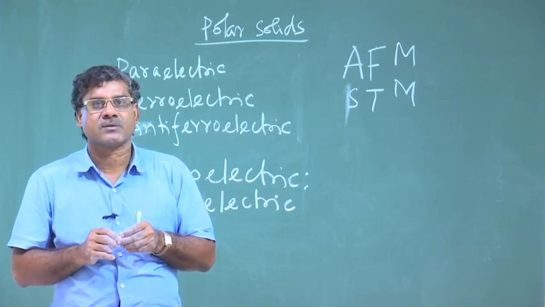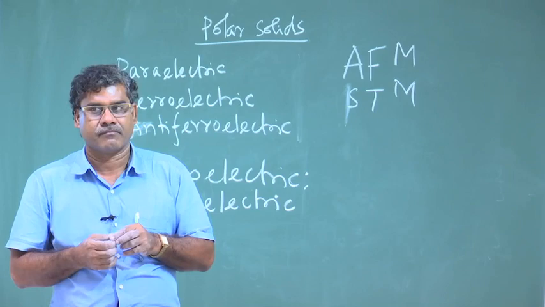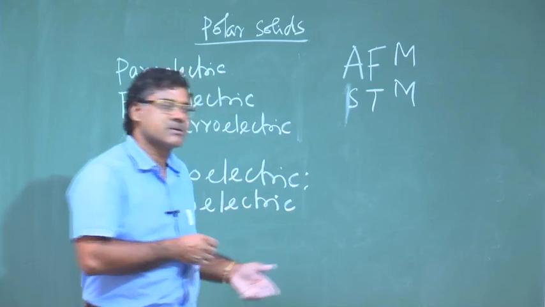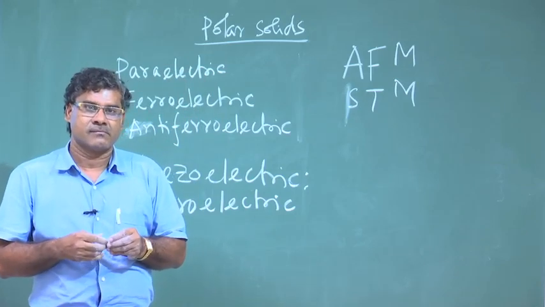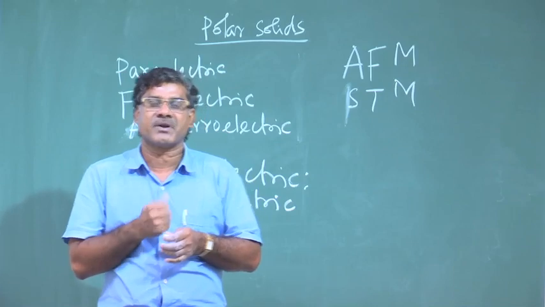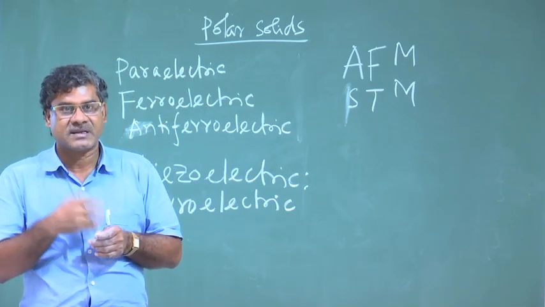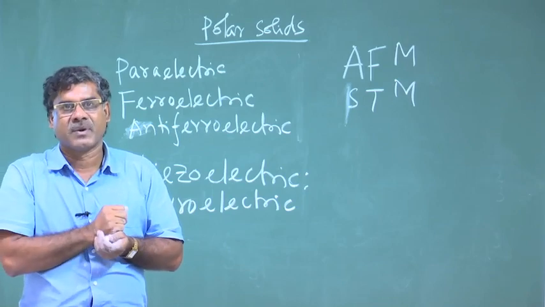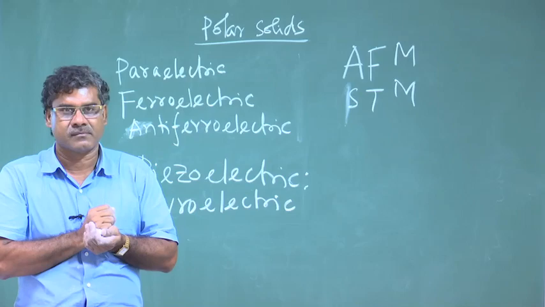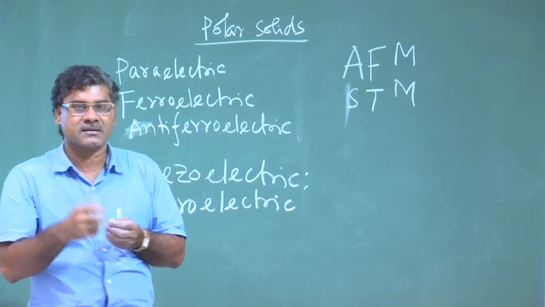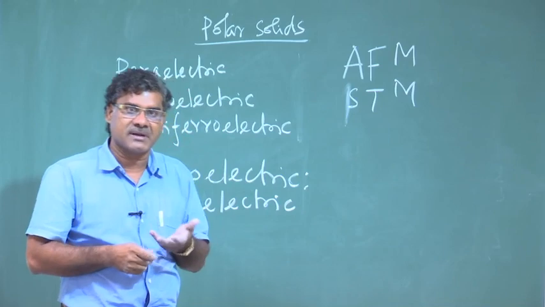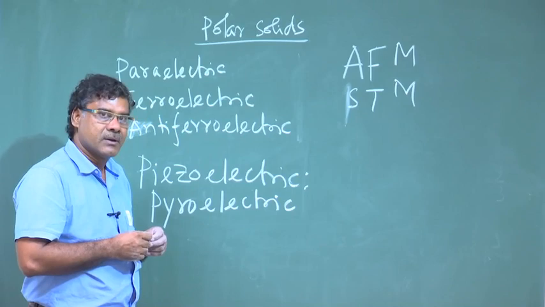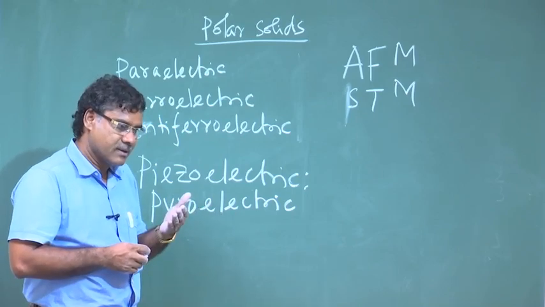Then we use this material as a temperature sensor to measure the temperature, basically high temperature, say a few thousand degrees centigrade. So, this type of material is used as a temperature sensor, and we measure the temperature. So, this material is temperature sensitive.